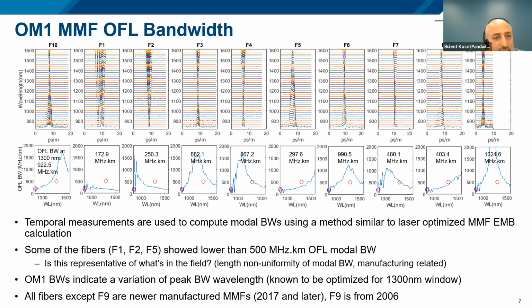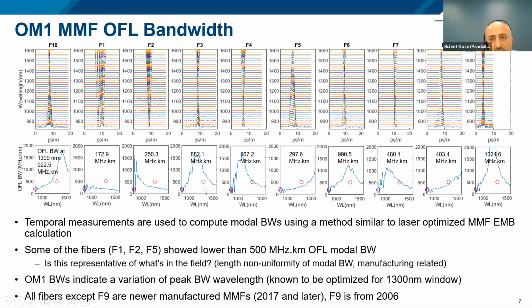The calculation is similar to DMD, a de-embedding calculation using a reference pulse, basically a frequency domain calculation. As you could tell, I noted the 500 megahertz kilometer with red circles here.